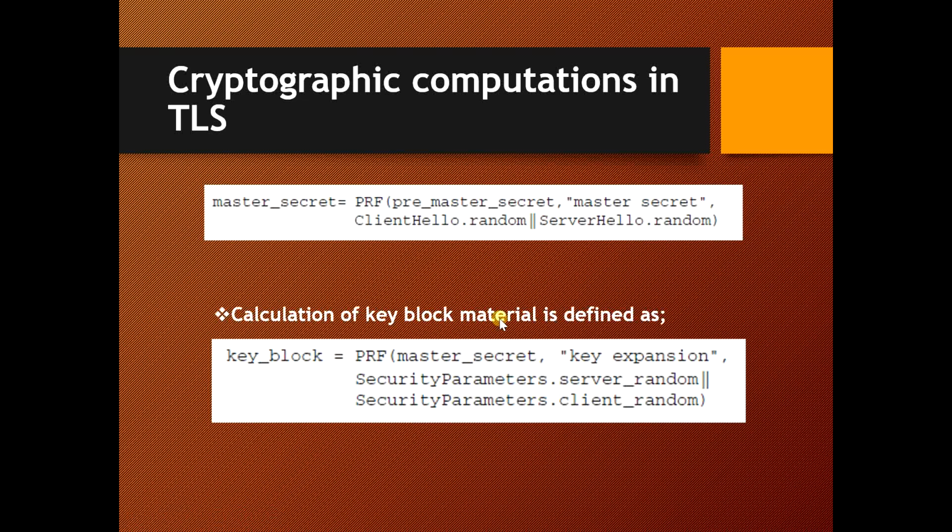As in the case of SSL version 3, the key block is a function of the master secret and the client and server random numbers. The last part, which gives us a difference between SSL and TLS, is the padding.